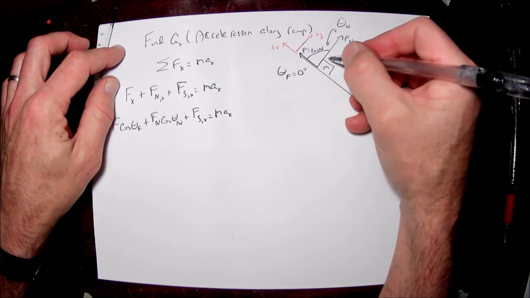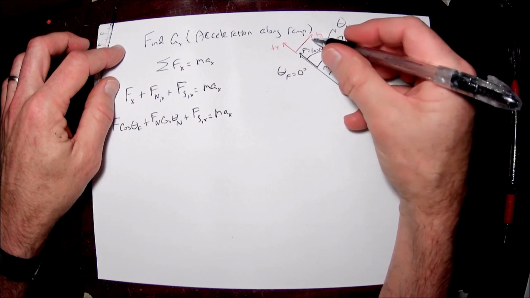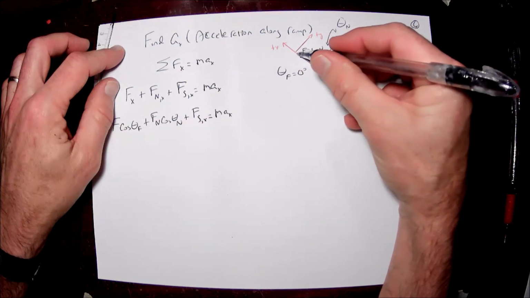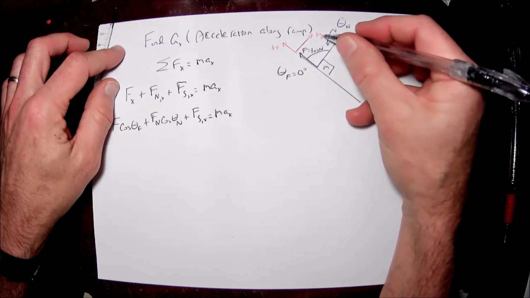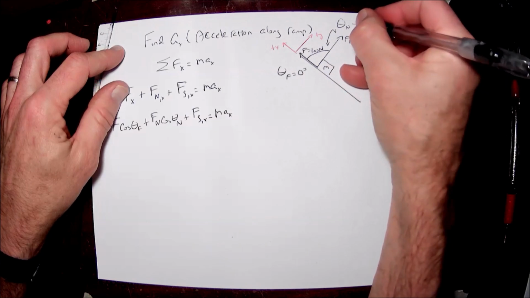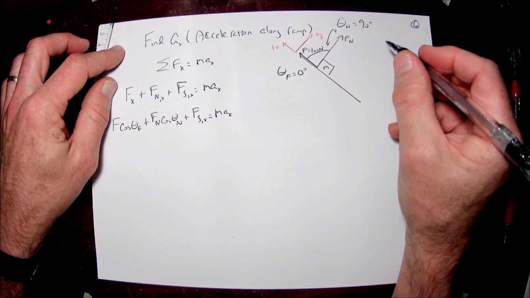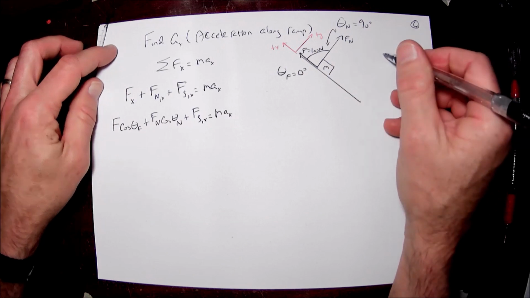The normal force is perpendicular to the surface, which means that since the positive Y is perpendicular to the positive X, and the X's are parallel to the surface, then my normal force makes a 90-degree angle relative to the positive X axis.